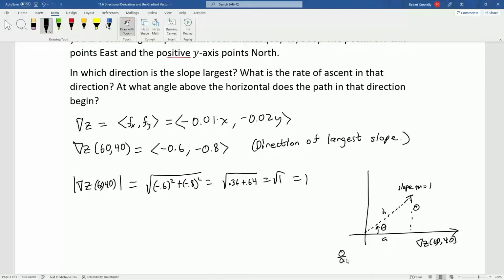So O over A is 1. But that's also the same thing as tangent of theta. So that means theta is 45 degrees. So the angle made with the horizontal plane is going to be 45 degrees. So theta equals 45 degrees.